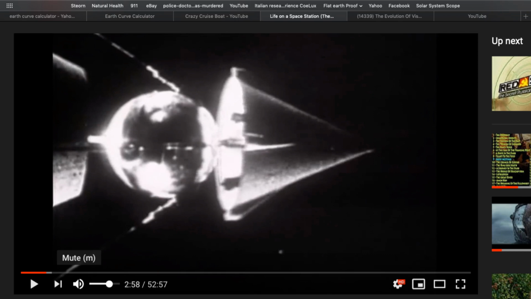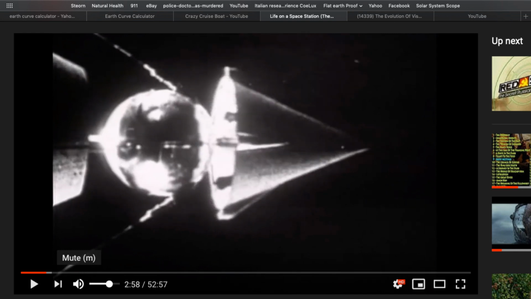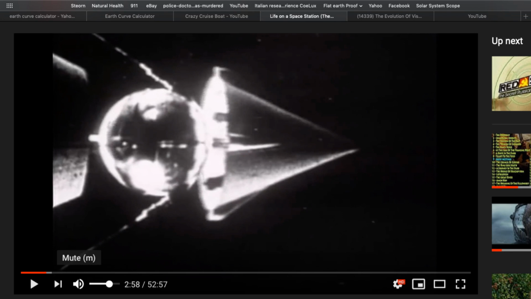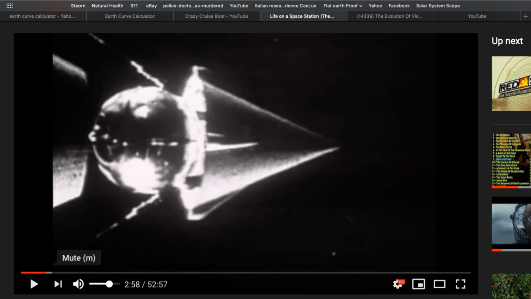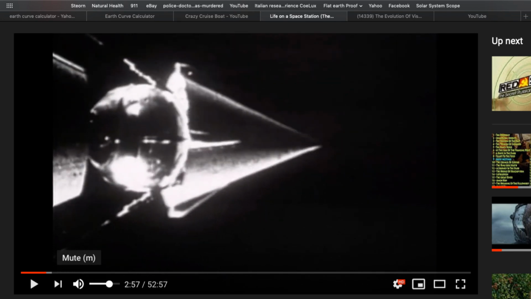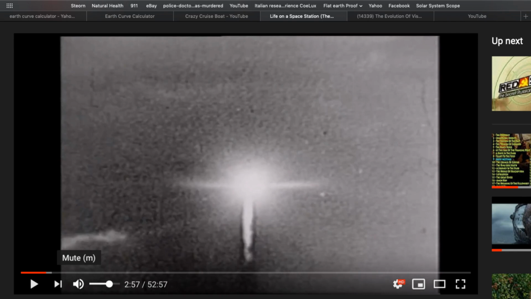This. Gigos Dima, as they say in Serbia. I'm going to go back. You see, what you're watching is the deployment of the first telecommunications satellite.